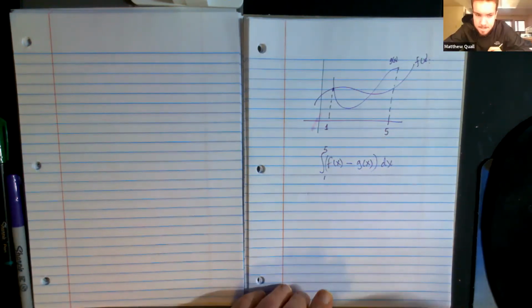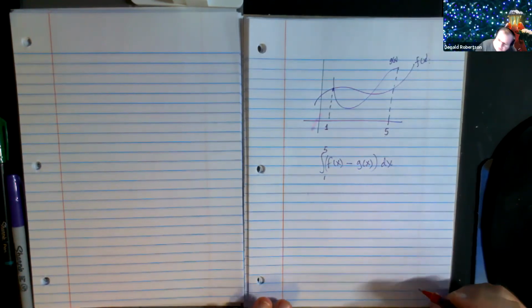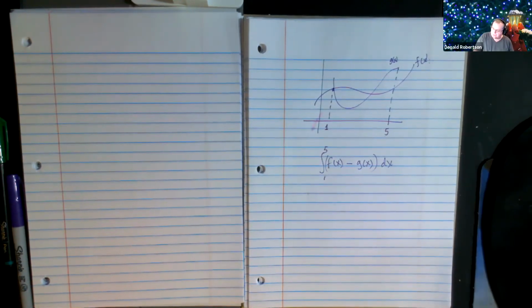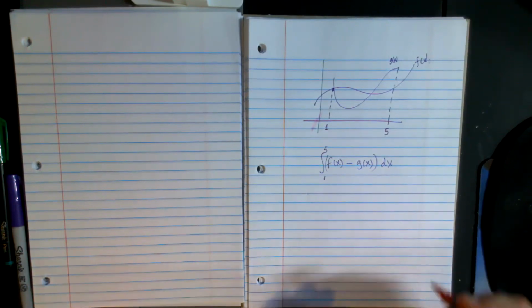What's the problem? G of x is the function on top. Well, sometimes. And aren't other times f of x is on the top? So what we have is a problem of a crossover, don't we?